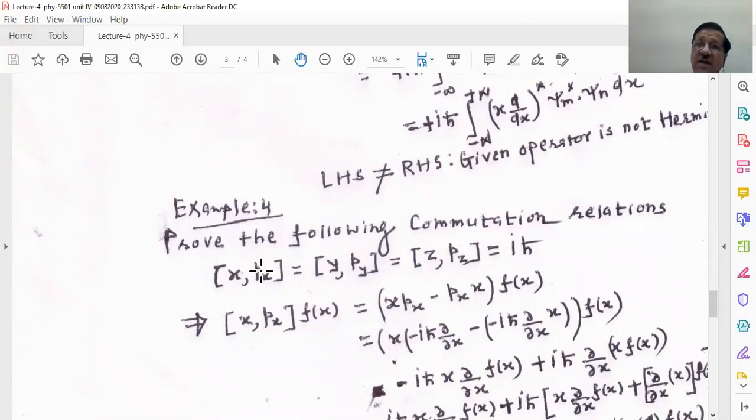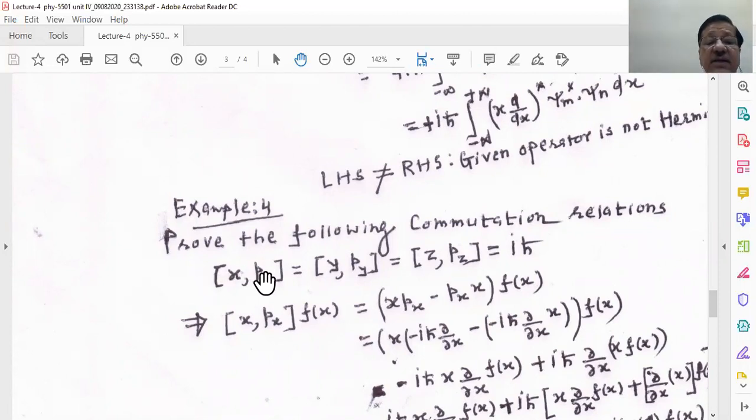We have already studied the commutator. If you have a commutator of A with B, then to solve it you write down A operating on B minus B operating on A. This you have studied. So now look at example number 4.